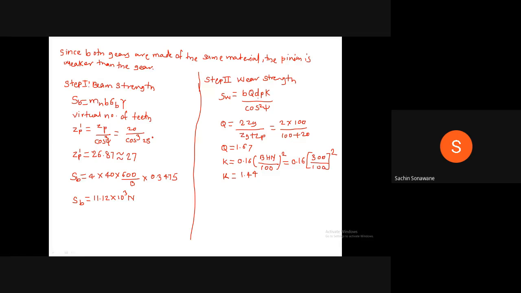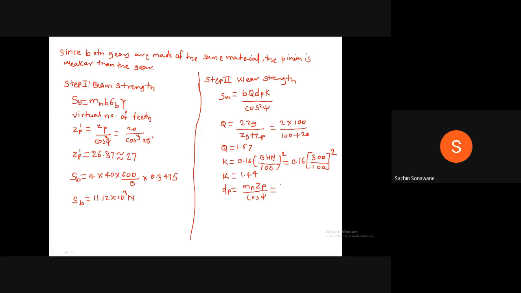circle diameter formula is different. Therefore, pitch circle diameter dp is equal to mn into zp, divided by cos of psi. Remember, this is the formula for helical gear pitch circle diameter.